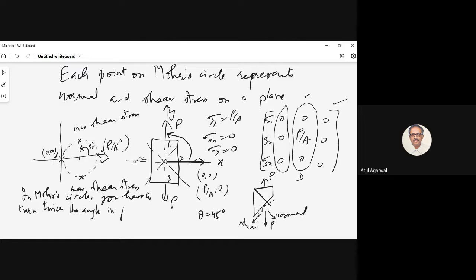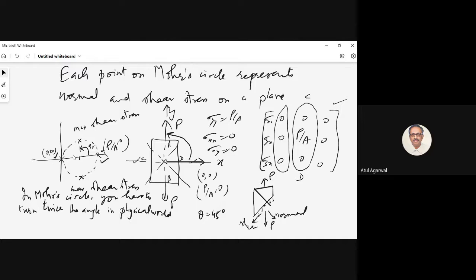In the physical plane, in the physical world, what was the angle you turned? 90 degrees to reach that plane.